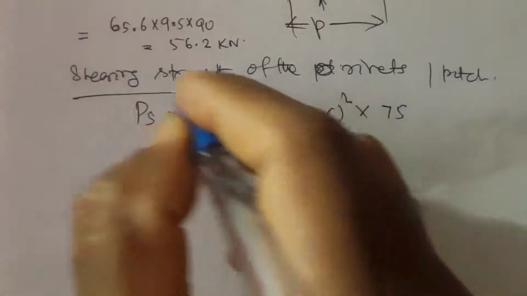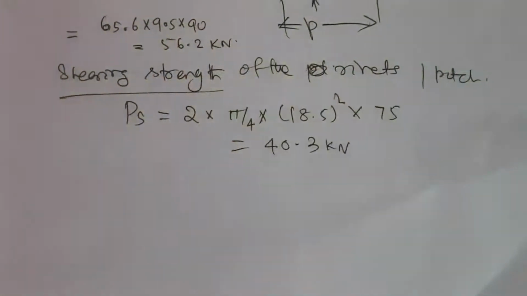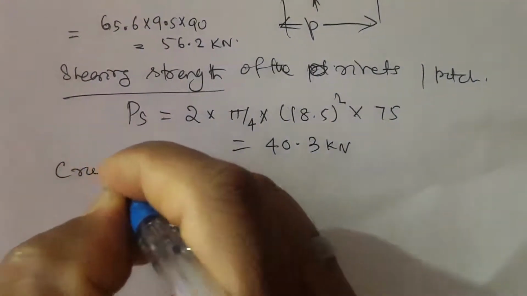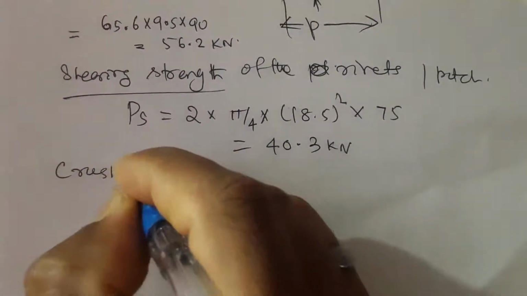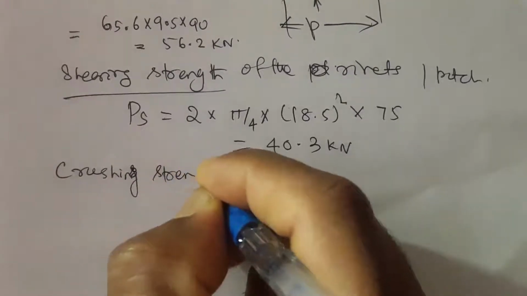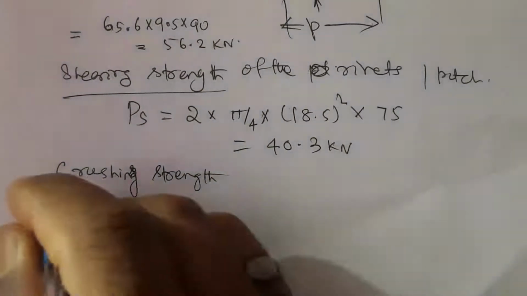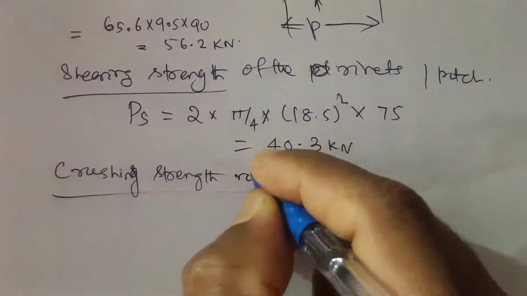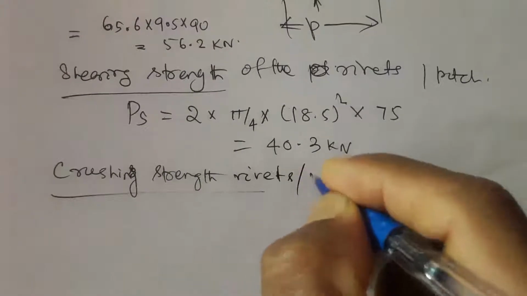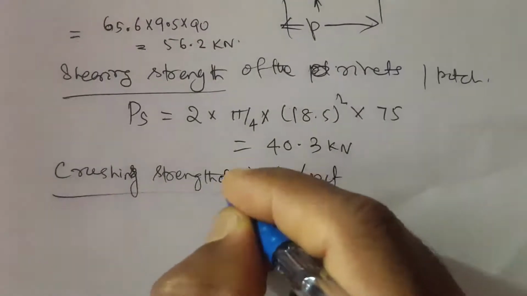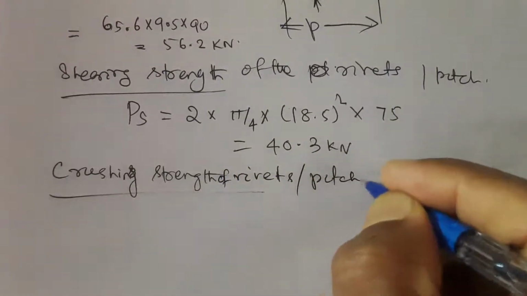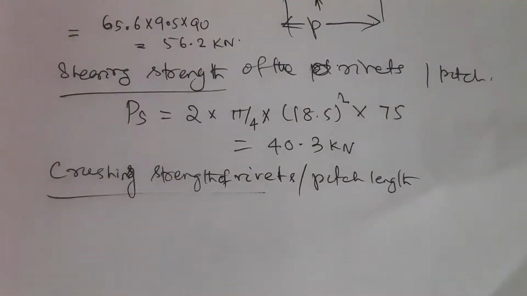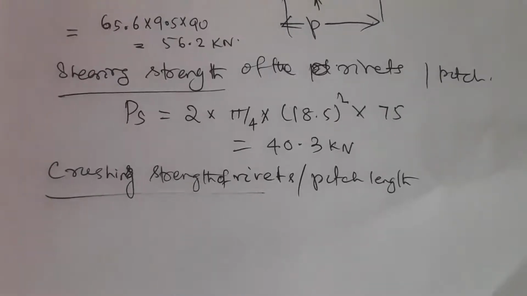Now we have to consider the crushing strength of the rivets per pitch length. In this case there are two rivets, effective two rivets per pitch length.